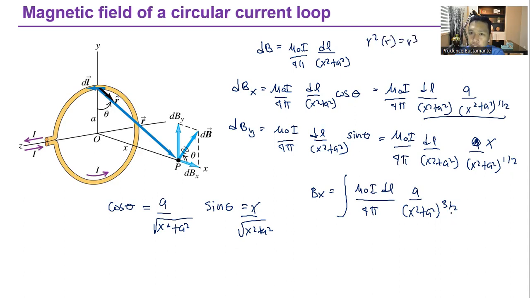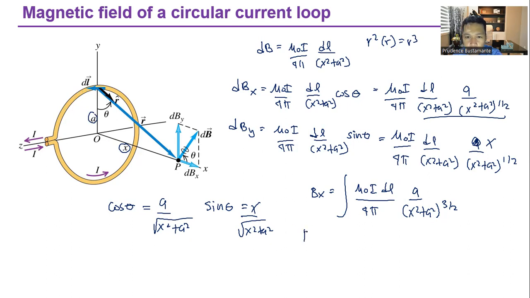That's why it is 3 halves. Since x is constant, this is constant and will not change. Only the dL will change.